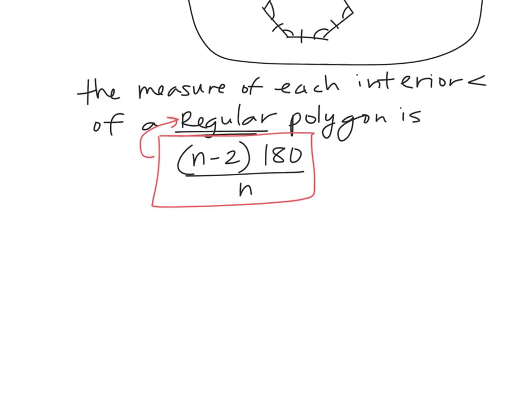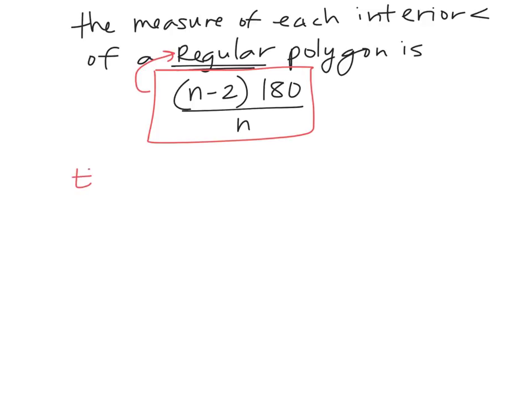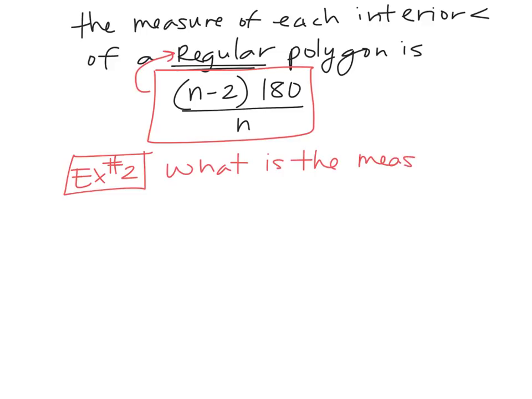Okay, so let's say the question is this. What is the measure of one interior angle? Okay, and those are the key terms here that you need to look for. We're looking for one angle. We're looking for interior.